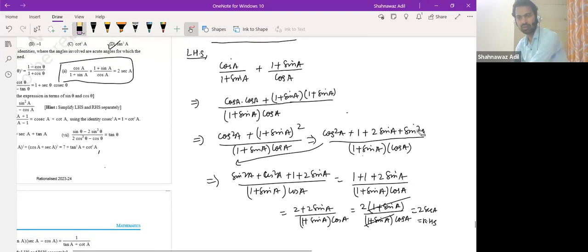So what's 1 by cos? Yeah, 1 by cos is sec, right?